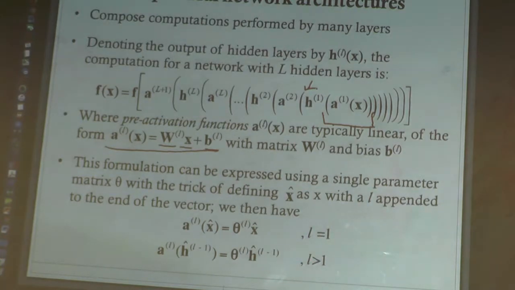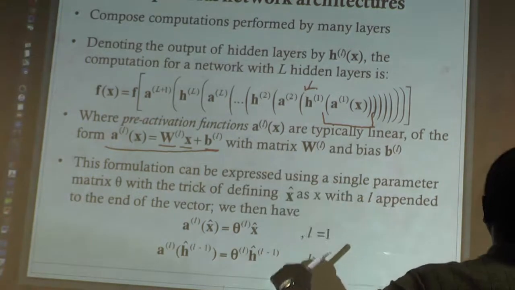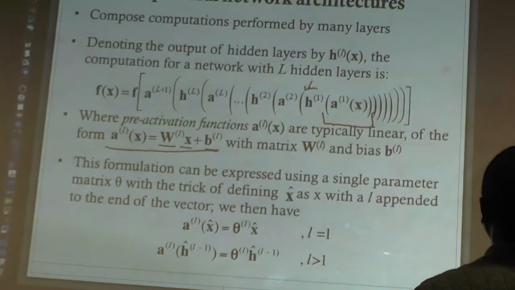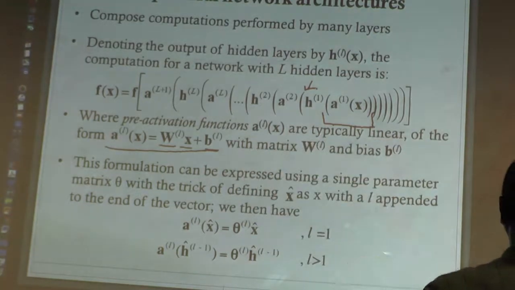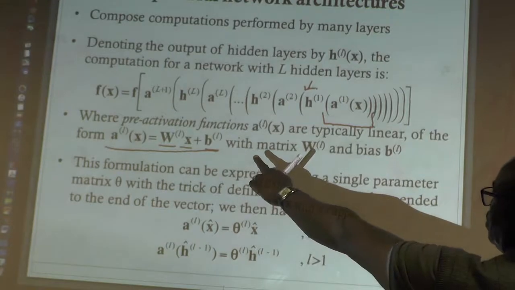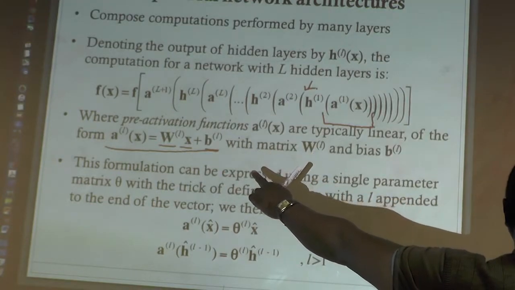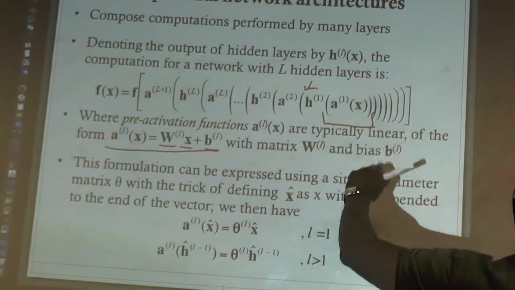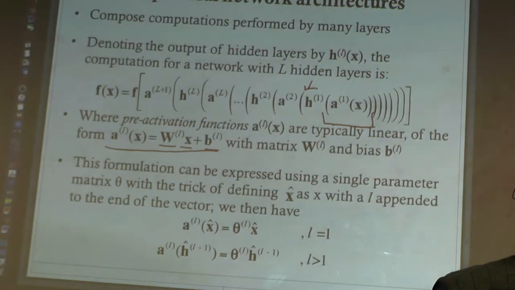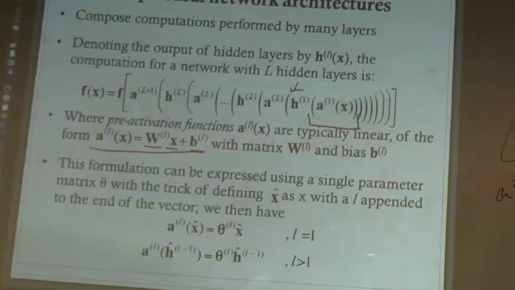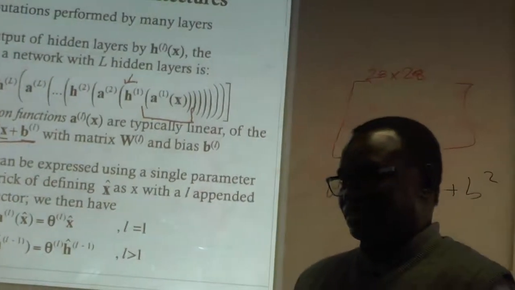So the next time around, A2 will be equal to W2. Are you with me? Then here you will have H1 plus B2. Now remember, H1 is also a matrix. It's the result of a computation.